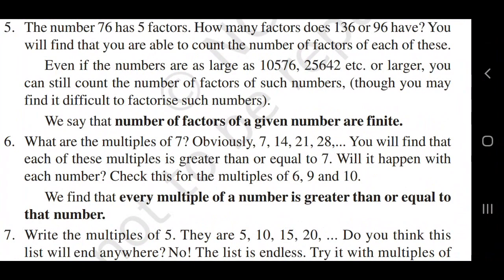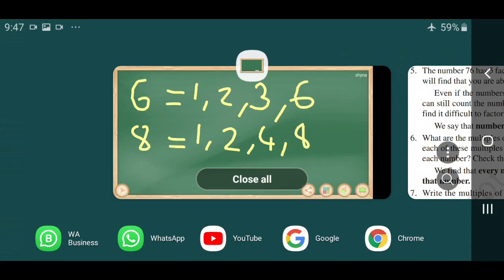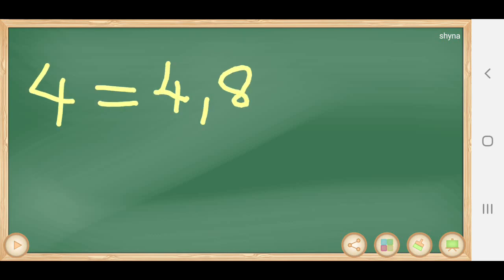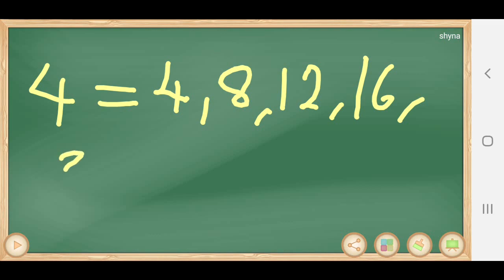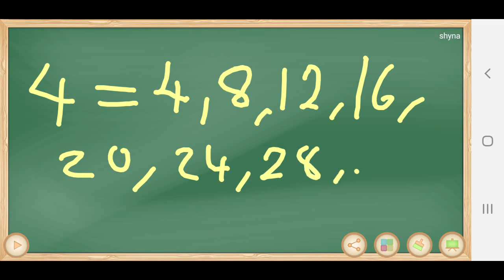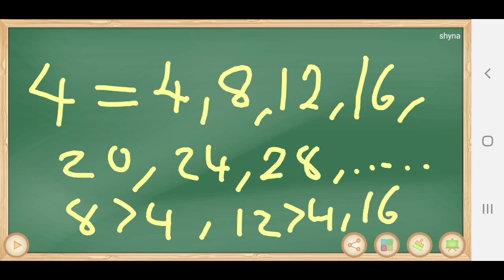Then next, every multiple of a number is greater than or equal to that given number. If you take the number 4, its multiples are 1 into 4, 4; 2 into 4, 8; 3 into 4, 12; 4 into 4, 16; 5 into 4, 20; 6 into 4, 24; 7 into 4, 28, etc. Comparing all these, 4 is equal to 4, 8 is greater than 4, 12 is greater than 4, 16 is greater than 4.